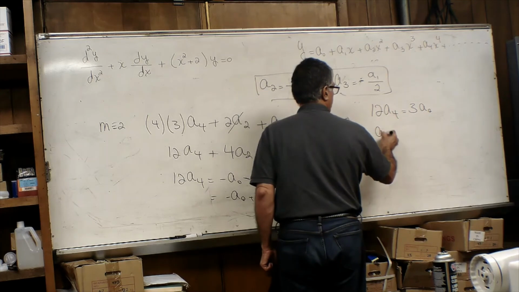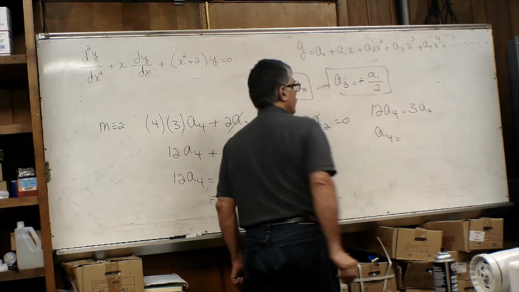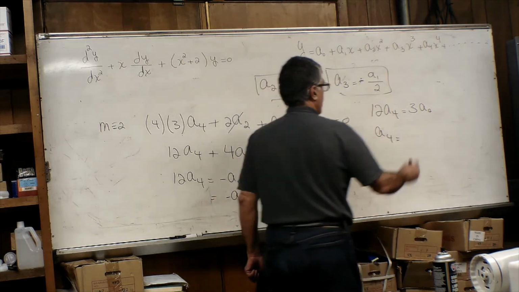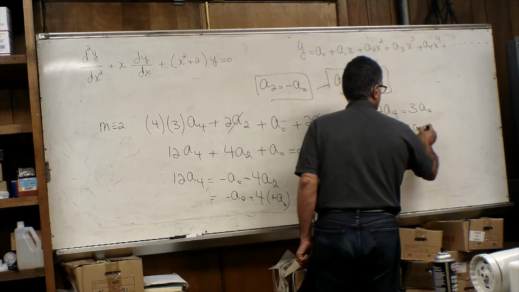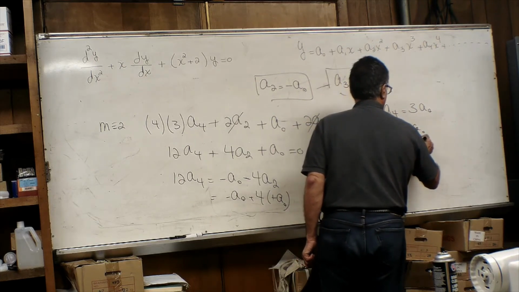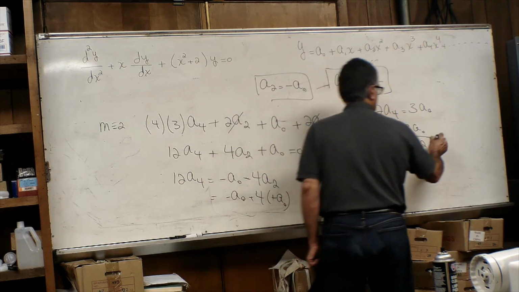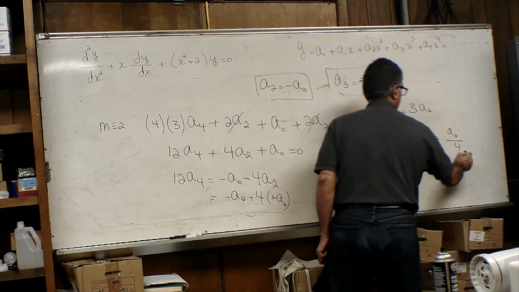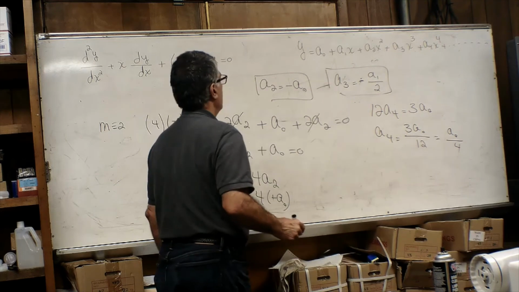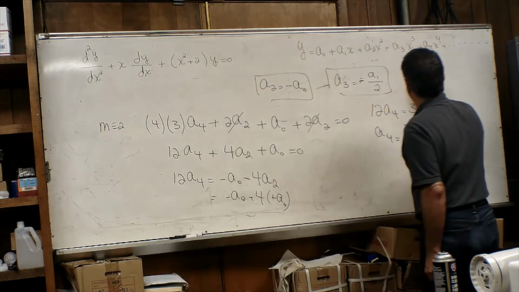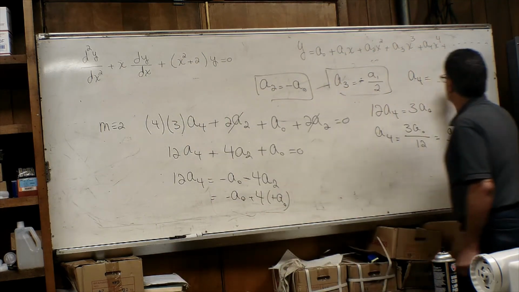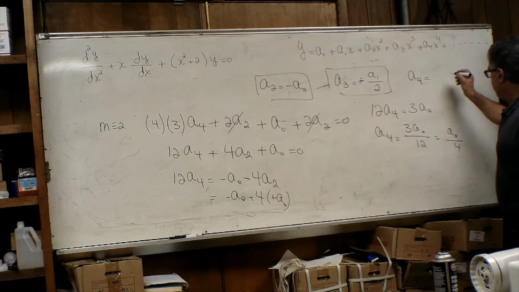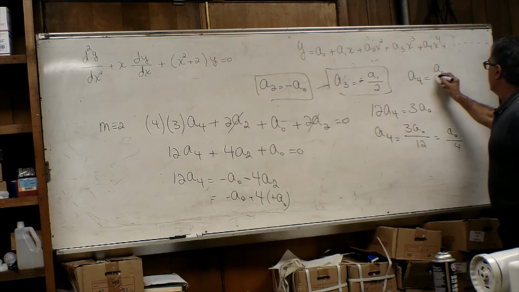So a4 will be equal to 3a0 divided by 12. So a4 will be a0 divided by 4. So our a4 is a0 divided by 4.